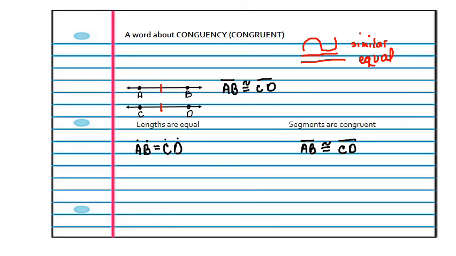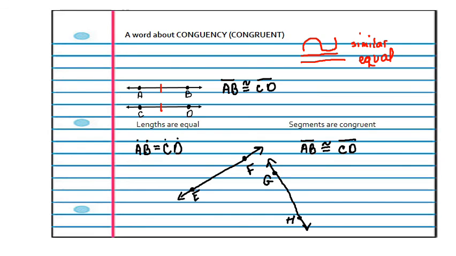The big thing to remember is what happens with the little tick marks. So for instance, if I had two other lines that were maybe of a different length, let's say this is E and this is F sitting on the same page. And this is going to be segment GH.